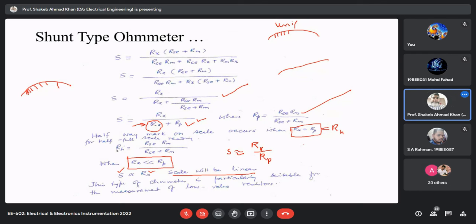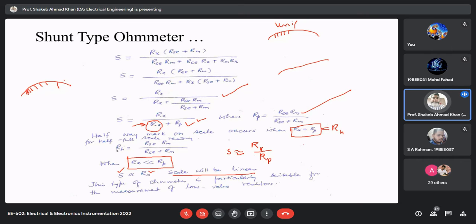So this is one kind of non-uniformity. In some scales, the divisions are very close at the starting and very close at the end, but in between at a larger distance. These kinds of scales are called non-uniform. And obviously, it is easier to read a uniform scale in comparison to a non-uniform scale.